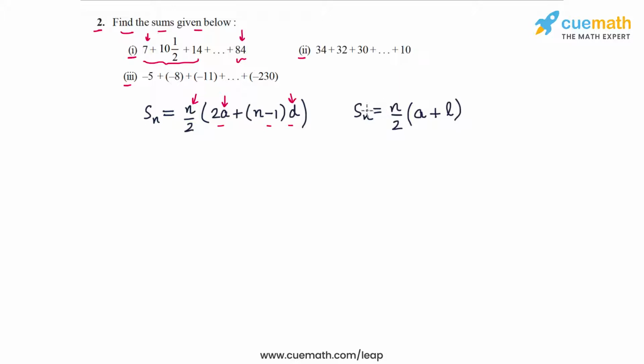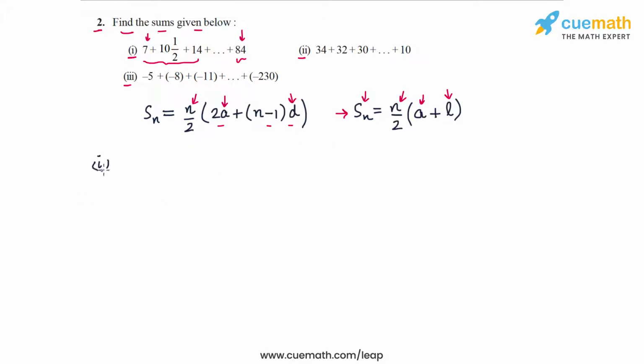And the other formula is Sn is equal to n by 2 times a plus l, where n is again the number of terms, a is the first term and l is the last term. In this case, because we don't have the number of terms, we will first find the number of terms for each case, and then we will use this second formula to find the sum of terms. Okay, so let's start with the first part.